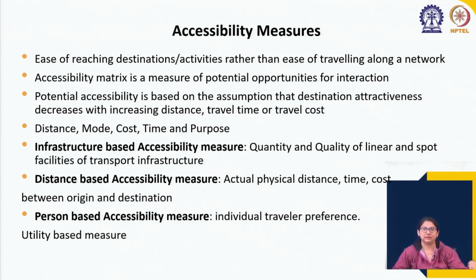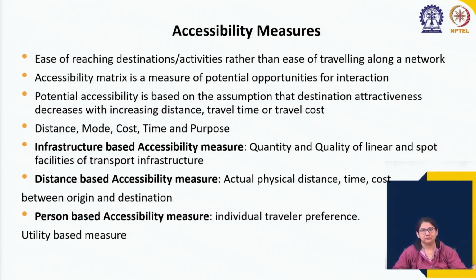The previous 2 measures can be used at different scales. For example, we can use the distance based measure within a city, or use distance between different locations at a regional or sub-regional scale as well.